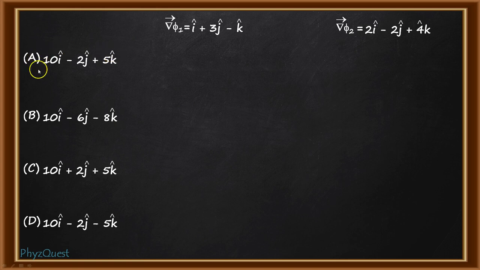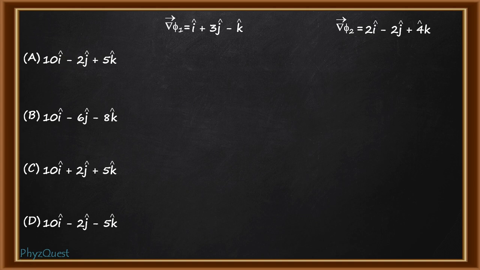That means when we choose any option and take the dot product of that vector with both these vectors, both dot products should go to 0. That is our required answer. So we will check all the options one by one.